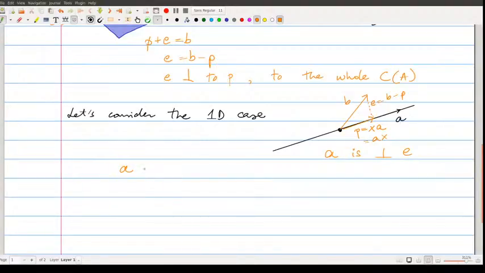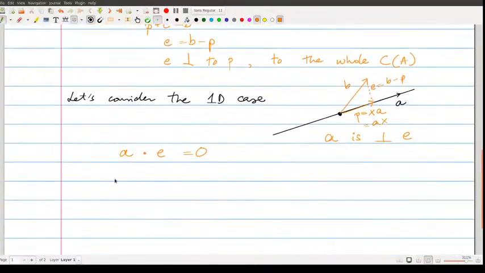So a dot e is going to be zero, which can be written in other words as a transpose e, which is a transpose (b minus p) equals 0, and we then write it as a transpose (b minus xa) equals 0, right? And that's really the equation to solve.